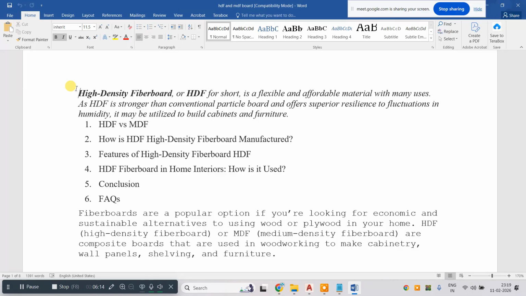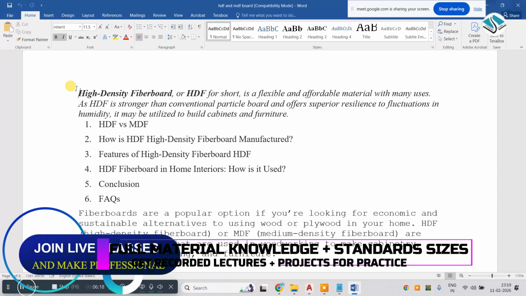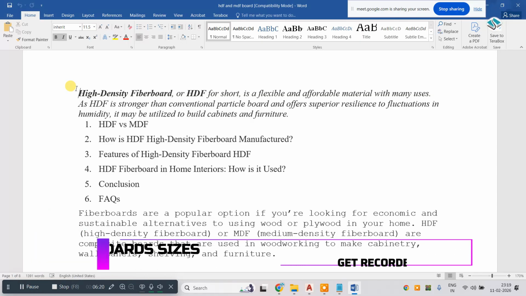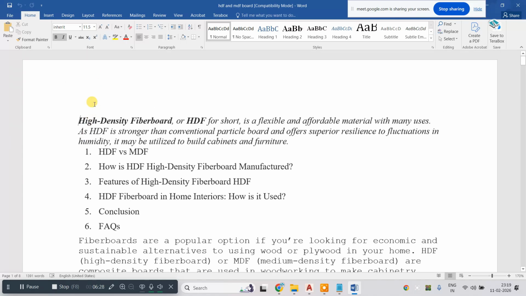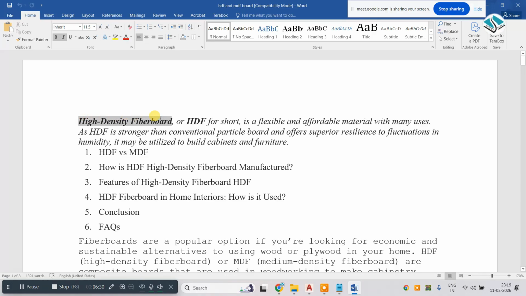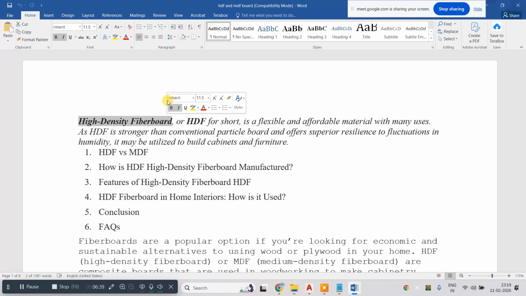What types of boards are available in the market, and what are the specifications of all these boards? Differences and also negative and positive points. So, first is HDF. HDF for short is a flexible and affordable material with many uses.